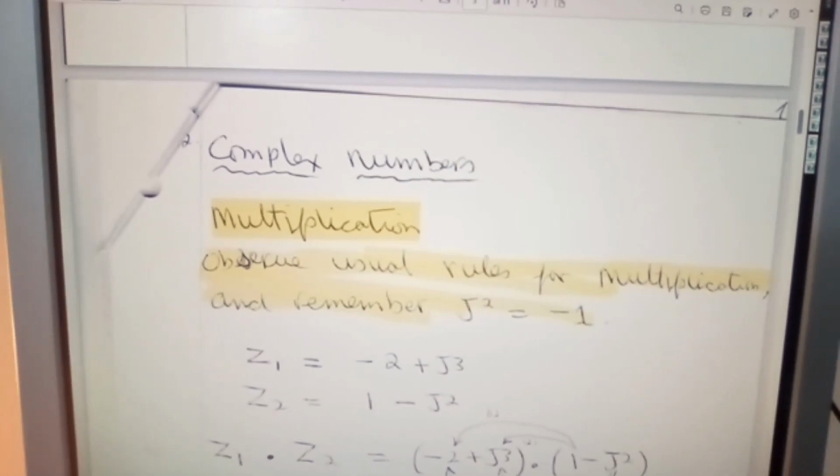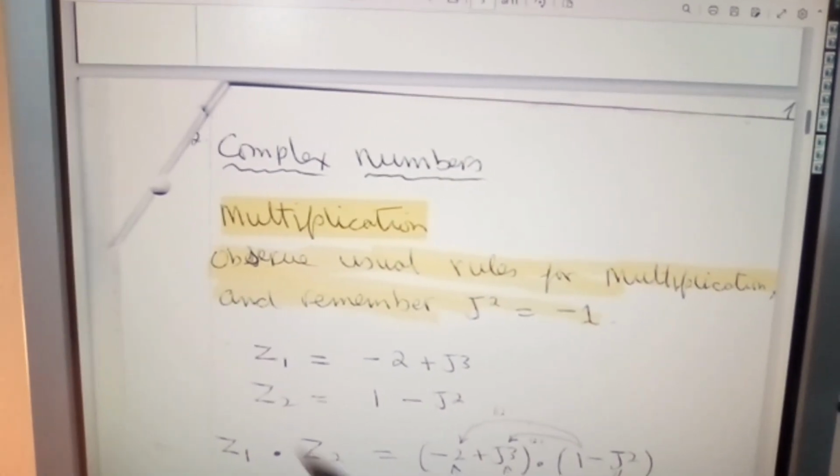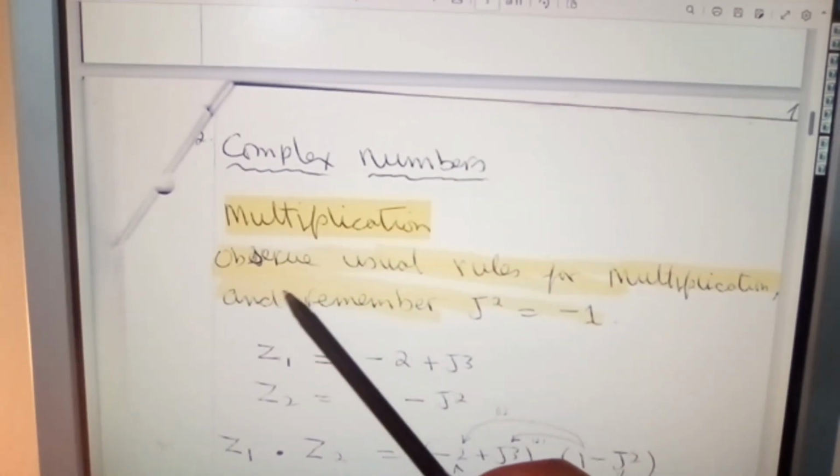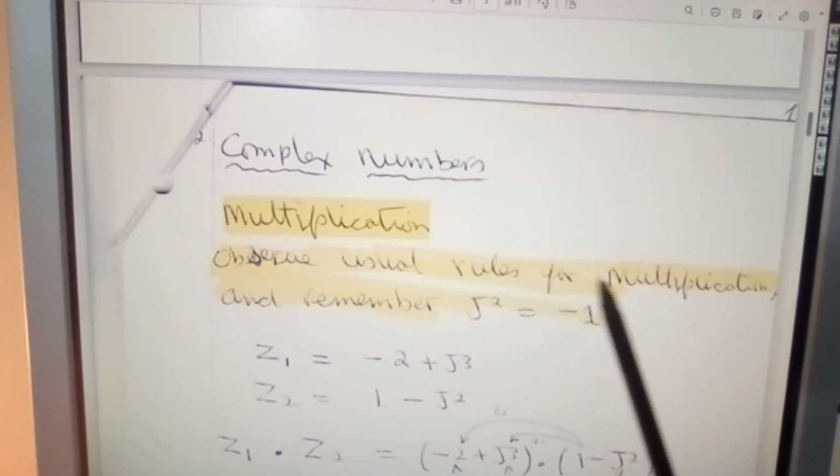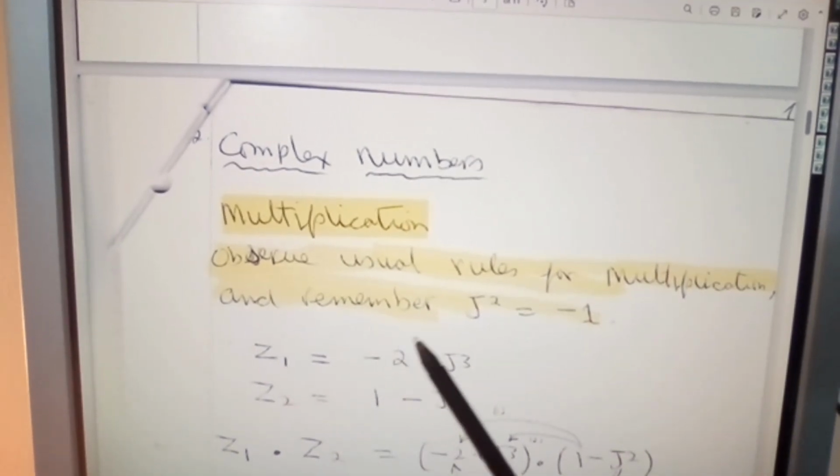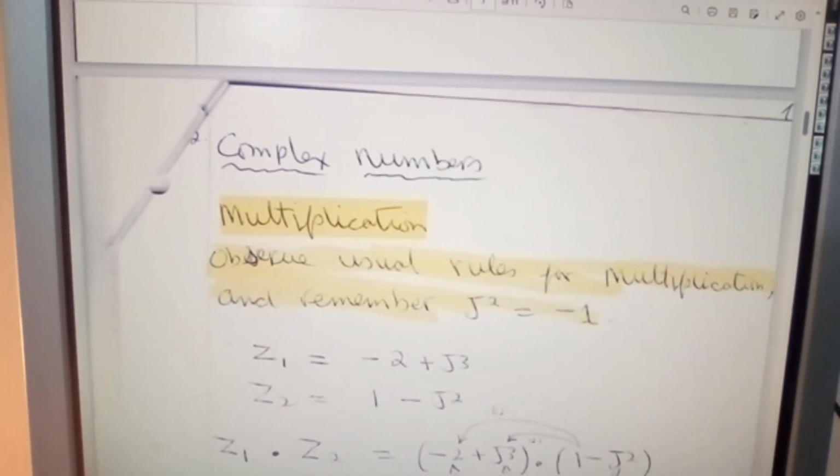That's what this is saying. So multiplication, observe usual rules for multiplication, and remember j squared equals minus 1.